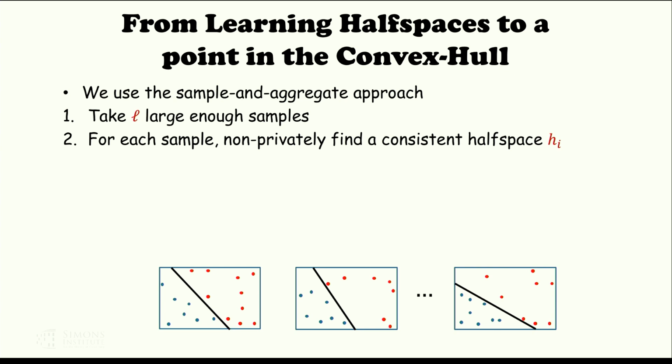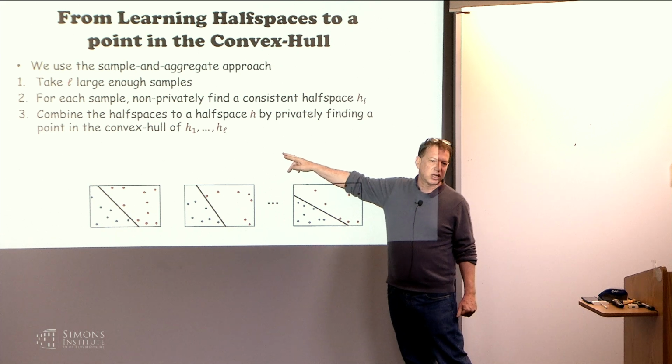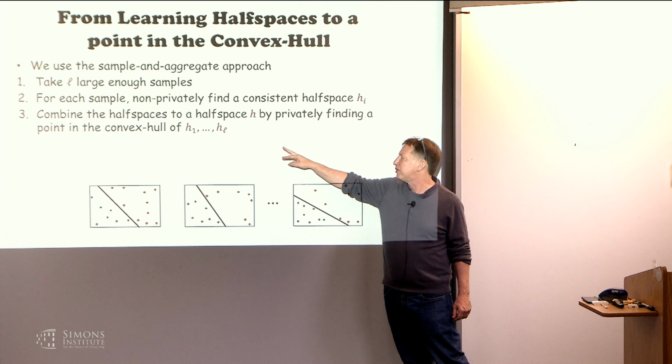And now we have to privately combine them into one hypothesis, into one half space. So we take a point in the convex hull of these half spaces. We look at each half space as a point in R to the d plus 1, and we have L points in R to the d plus 1, and we find a point in the convex hull, and this is the hypothesis that we return.